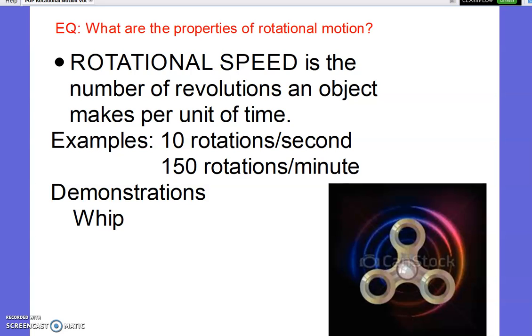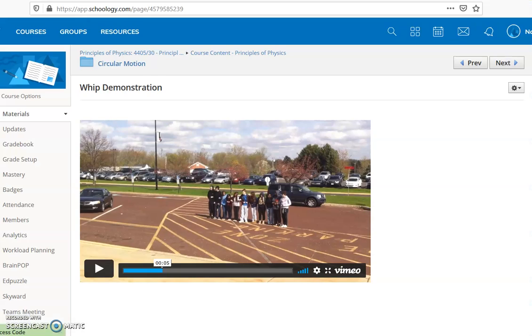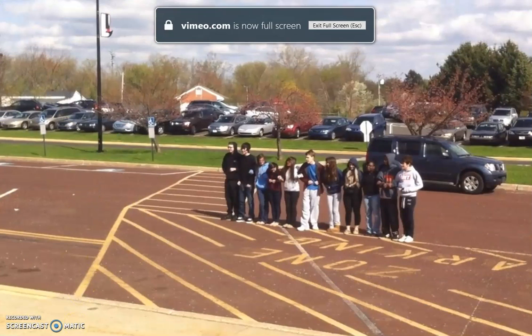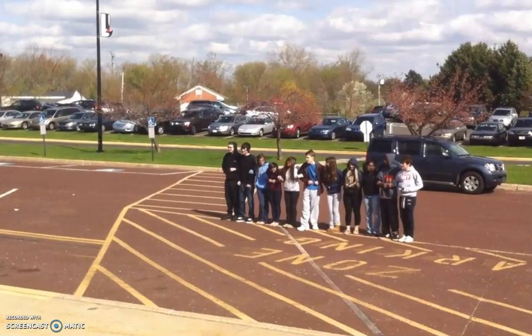We call those 45s. The example that we gave earlier was something about students doing the whip, and I'll show you this again. These students doing the whip are staying in a straight line as they go in a circle.